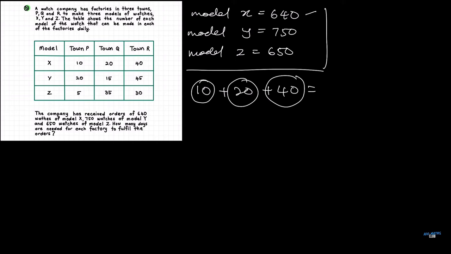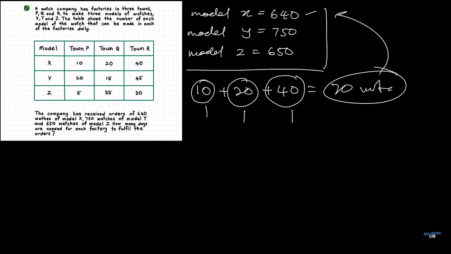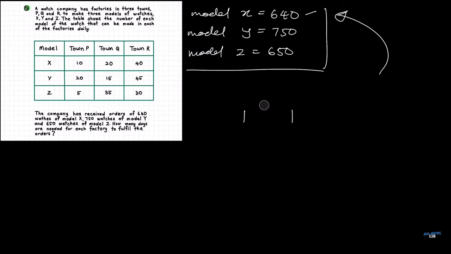So semua ni satu hari, satu hari, satu hari. So maka kita akan dapat berapa ni? Total model X yang kita akan ada kat tangan will be 70 units. Tapi kita perlukan total 640 units. So mungkin ni kena proses lebih hari, right? So this is what we want to find out.